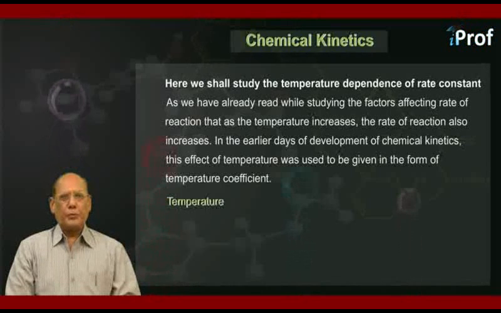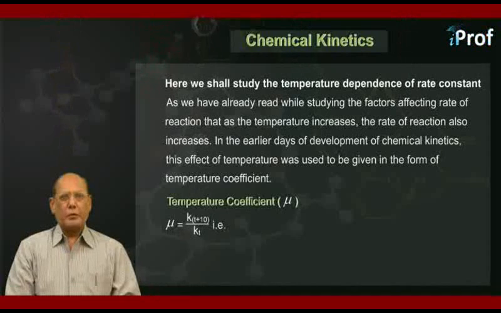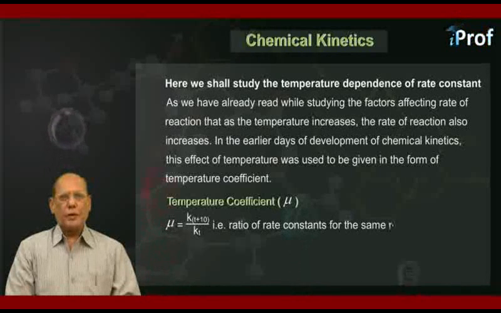Temperature coefficient mu is given by mu equal to K(T+10) divided by K(T). That is the ratio of rate constants for the same reaction at temperature difference of 10 degrees Celsius.